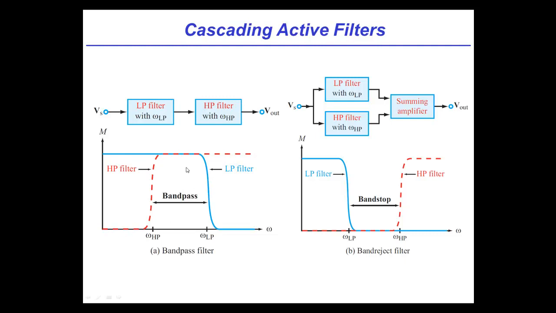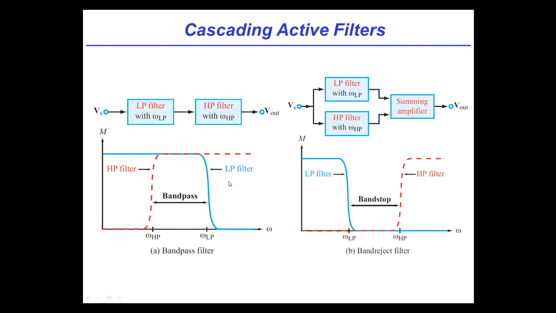The low-pass allows through everything to the left of omega LP. That all goes to the high-pass filter. Then the high-pass filter will allow everything to the right of omega HP. So effectively, I make a bandpass filter. One thing chops off the left side, the other chops off the right, and together they leave the middle. If you position them correctly, in other words, you have to make sure the low pass is above the high pass in terms of the frequency cutoffs, then you'll get a bandpass filter.